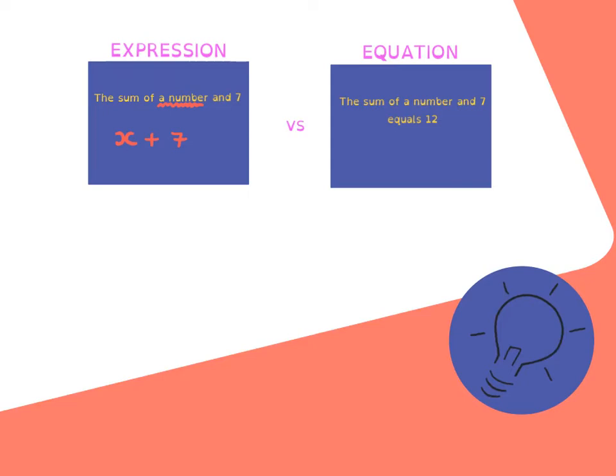If I compare this to an equation, the sum of a number and 7 equals 12. The first part of that statement is just as before, the sum of a number and 7, and now here comes the equation bit, equals 12. The main difference between an expression and an equation is that an equation has this equals sign.